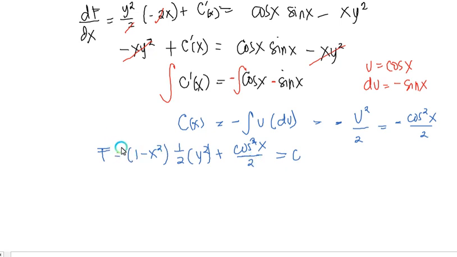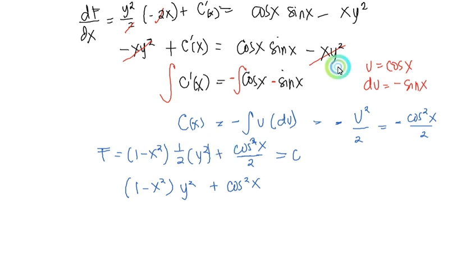But silingon mo multiply ko 2 sa kabilugan nga equation. So, that will be 1 minus x squared, then we have y squared, minus cosine squared x.